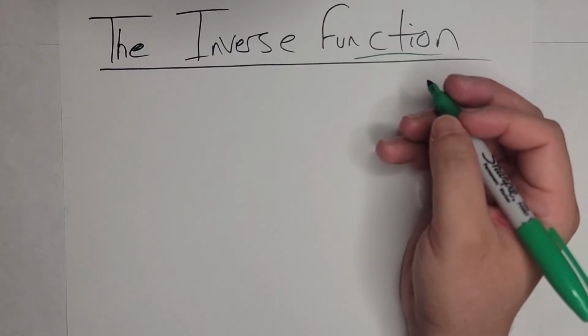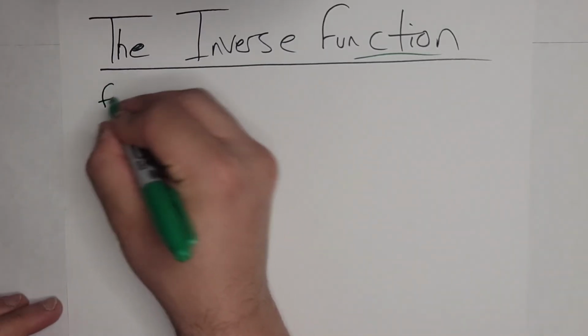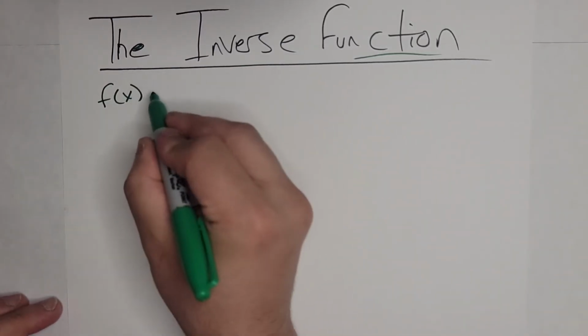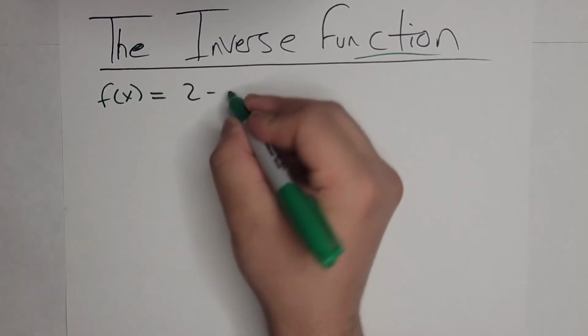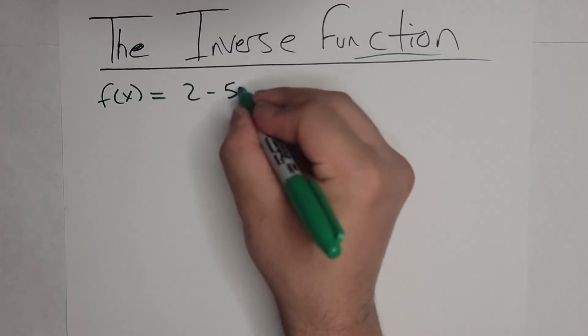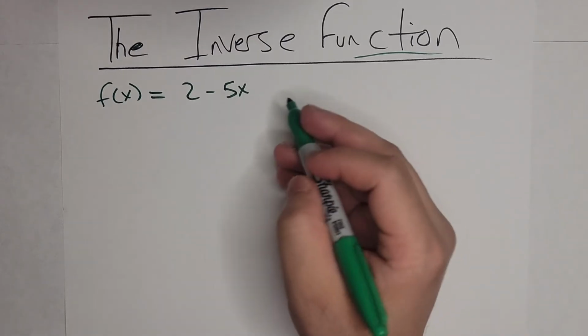So let's look at an example. Let's say we have a function f of x, and the function is 2 minus 5x. This is the original function, and this is a linear function.